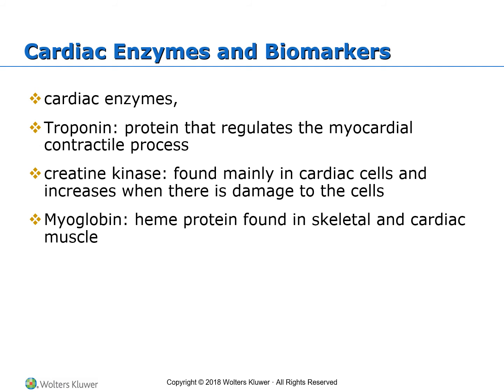As far as the biomarkers and the enzymes, you'll test for troponin. Troponin, you have isomers I and T, and they are specific to cardiac muscle. Elevation of a troponin occurs within hours of the infarct, and it can stay elevated for as long as 2 weeks.